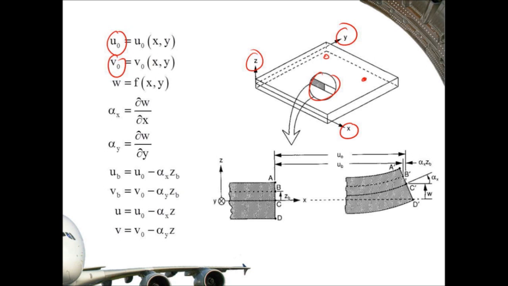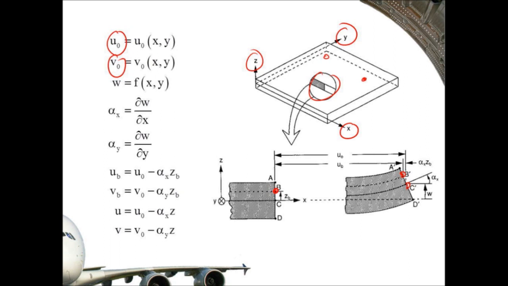Now, if we were to bend this material, then we can work out the displacements. The displacements get smaller or bigger depending on where you are in the thickness. So if you started here at B and you were bent, your position is slightly less than the midplane of the lamina, or your deflection is slightly less.